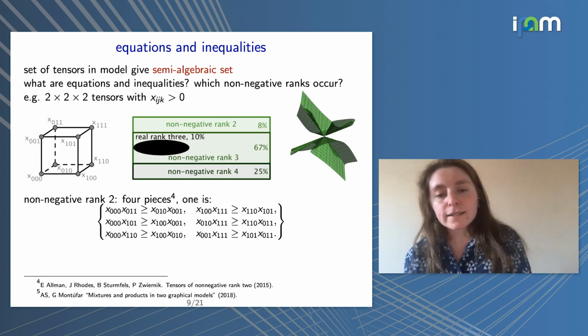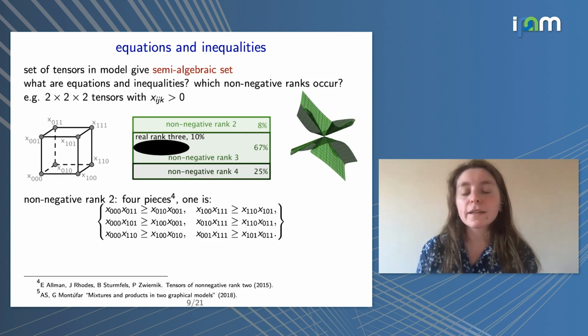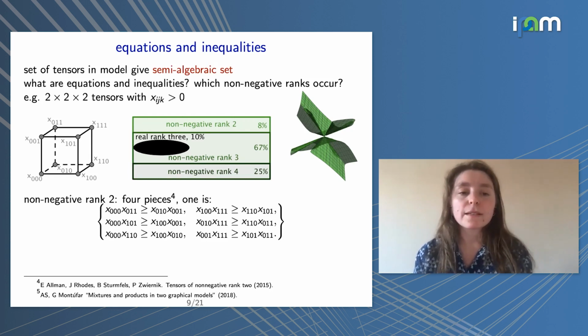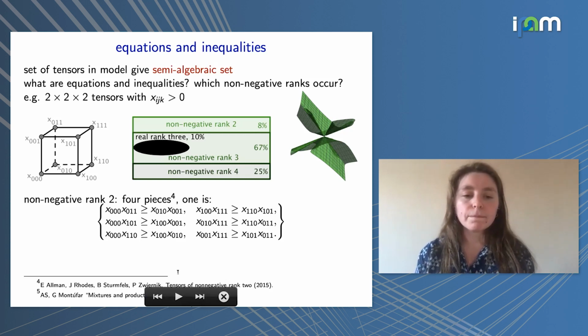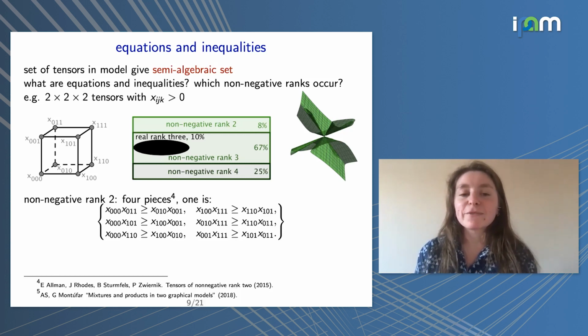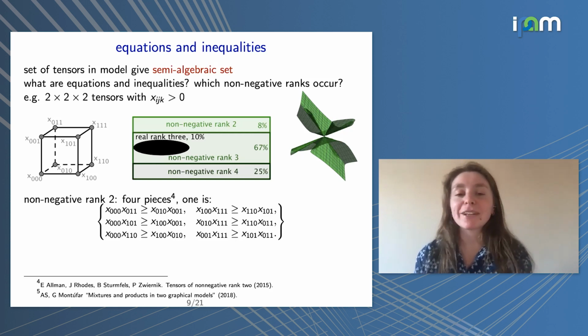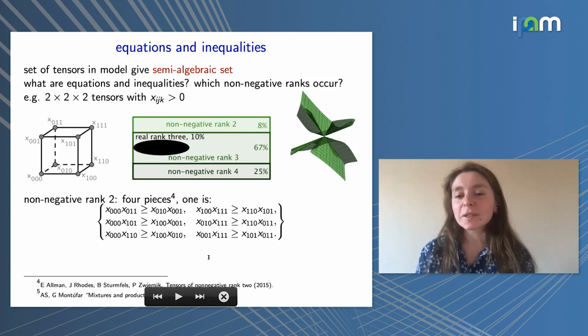Now we can also give equations for the different pieces. The non-negative rank 2 setting was studied in this paper of Allman, Rhodes, Sturmfels, and Zwiernik. The non-negative rank 2 locus separates into 4 pieces. One of the pieces is given by this system of binomial inequalities.